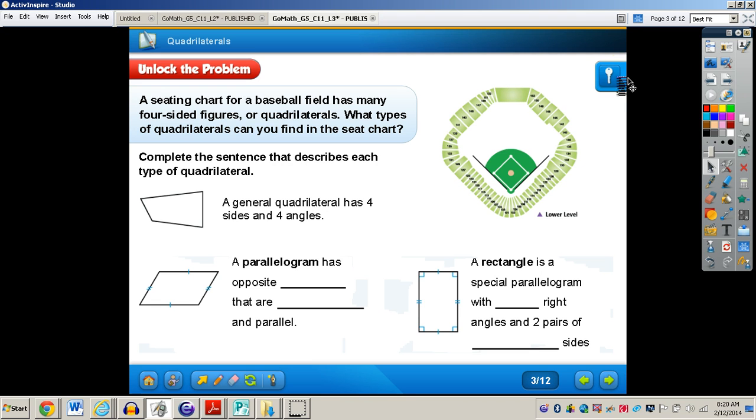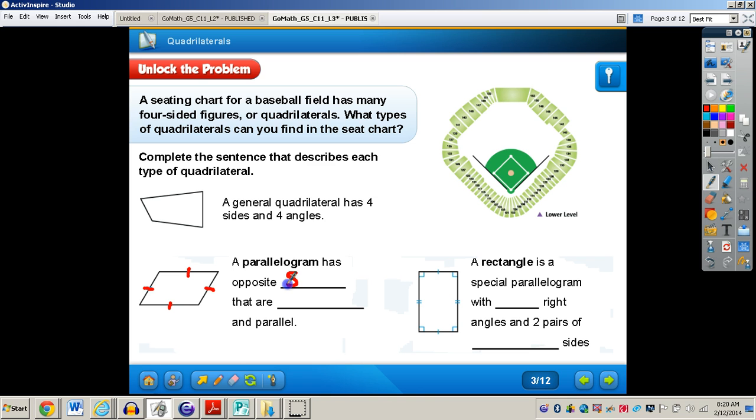Okay, so in order to unlock this problem, we need to start thinking about some things that we know as far as quadrilaterals. So it says complete the sentence that describes each type of quadrilateral. A general quadrilateral has 4 sides and also 4 angles. Okay, so we can see, first of all, a parallelogram. We can see that the opposite sides, what I mean by opposite sides, which is right here, that's an opposite, and from there to there, top to bottom, left to right, are opposite sides.